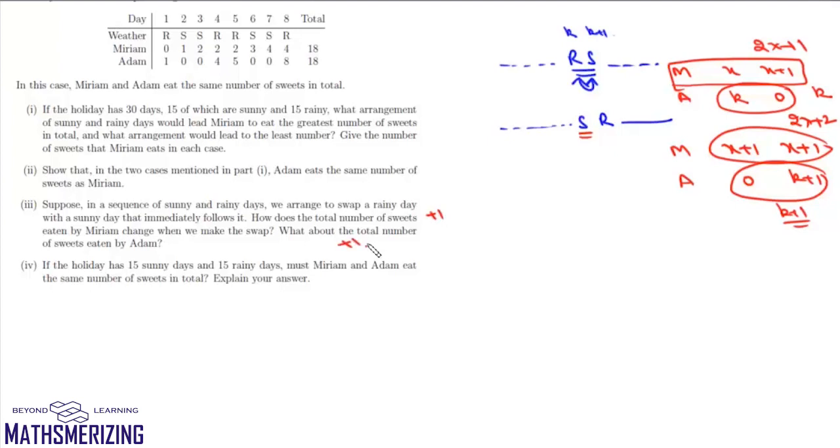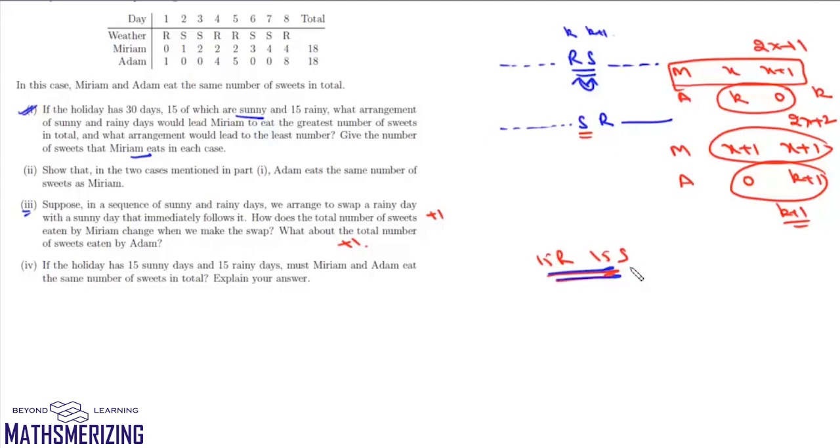Now the fourth question is, if the holiday has 15 sunny days and 15 rainy days, must Miriam and Adam eat the same number of sweets in total? Explain your answer. Now in part 1 we have already seen that the number of sweets eaten by Miriam and Adam is the same. And in part 3 we have seen that the total number of sweets eaten by them changes by the same amount if we make the swap.